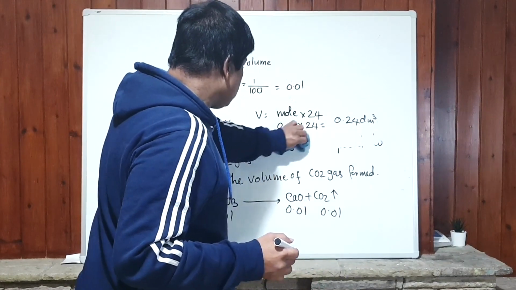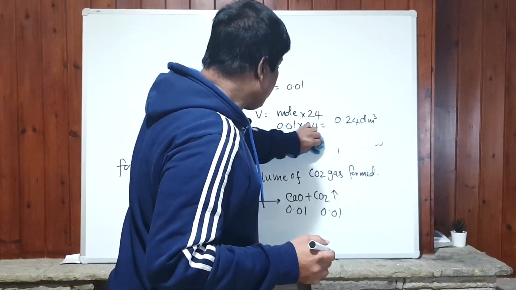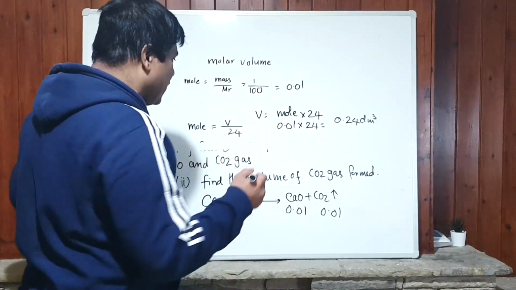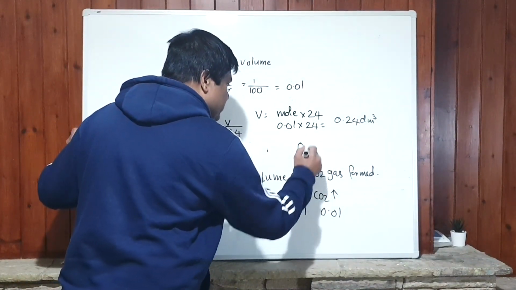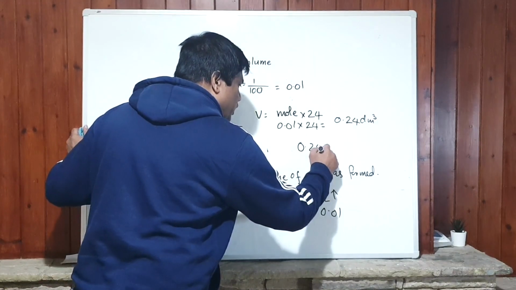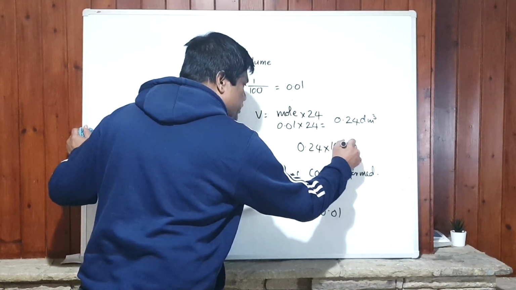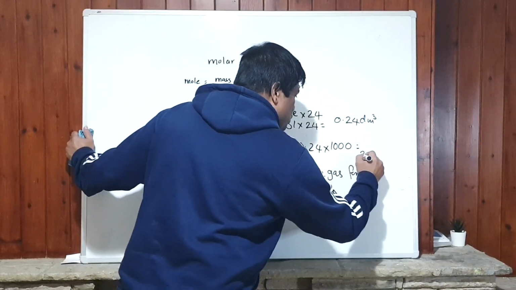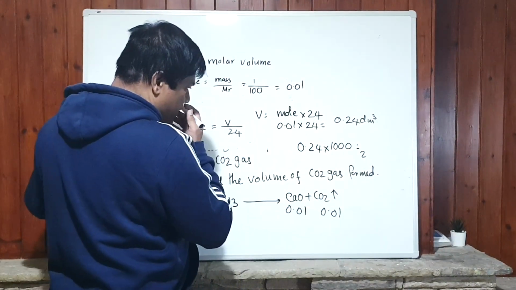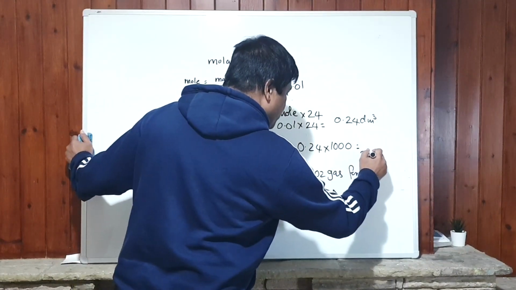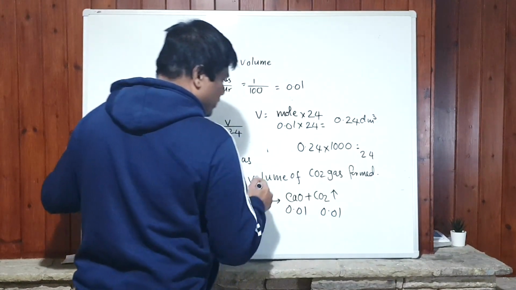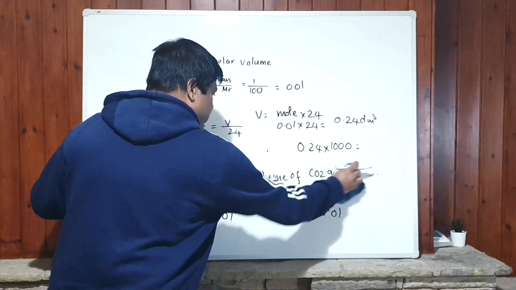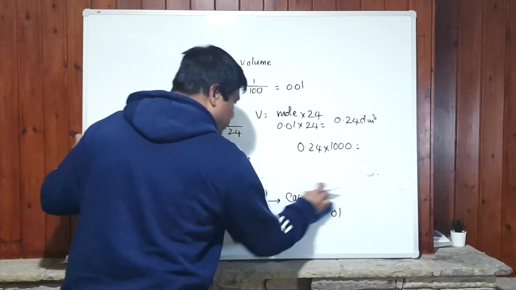Whatever answer you got, just multiply by 1000. That's the conversion factor. 0.24 times 1000, which is nothing but, hang on, I will simplify that.